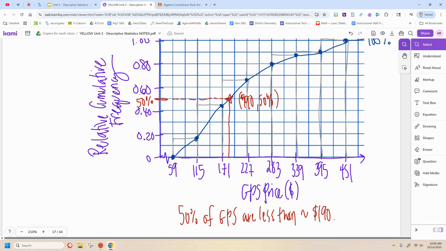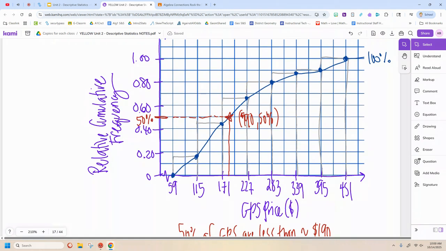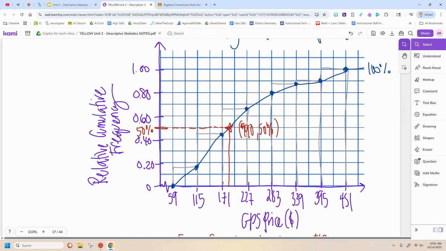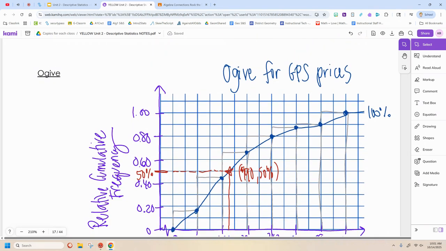And that way, as you're shopping, you can figure out if you're in the top half of prices or the bottom half of prices as you're looking at different GPSs. I was going online today to briefly look at this. Garmin is the other very famous brand. There was TomTom for a while, but Garmin is the one that's mostly out there for an independent GPS or navigator system. So this one was done on a relative frequency histogram.